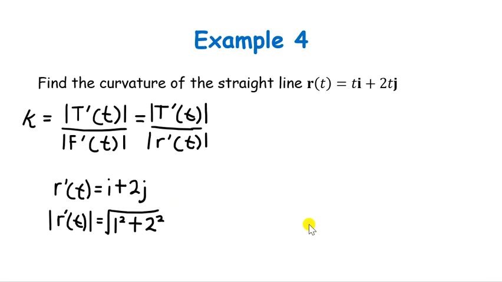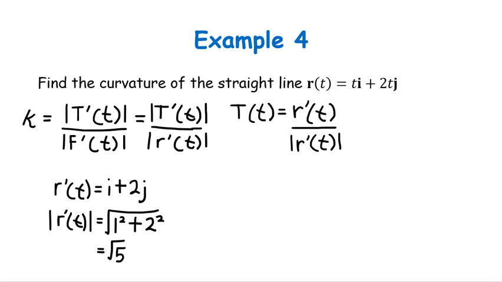The magnitude of the derivative of r is given as the square root of 1 squared plus 2 squared, which when solved will give you the square root of 5. We already have our derivative of r and its magnitude, so we're going to find the tangent vector.